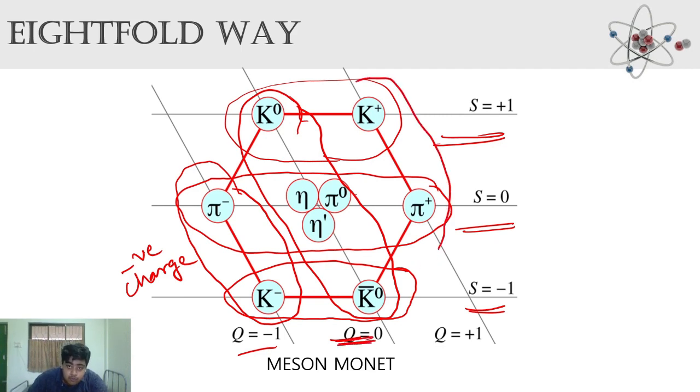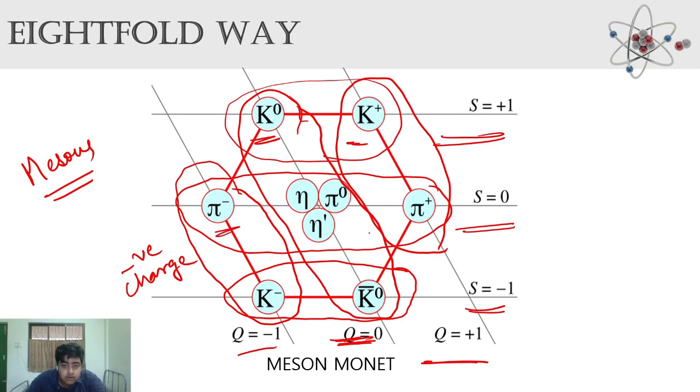And these two particles have a positive charge. Right. So this is the meson monet, and all of these particles are mesons. This is the kaon. This is the pion. Pi mesons and K mesons.